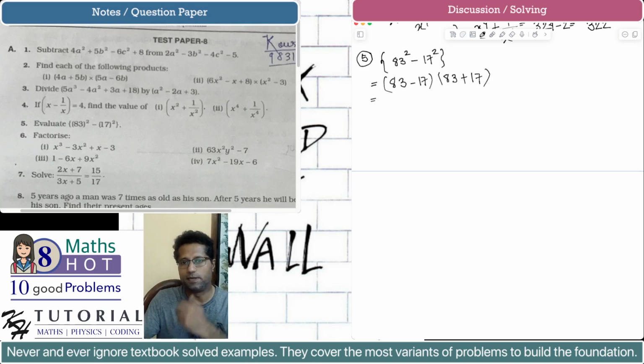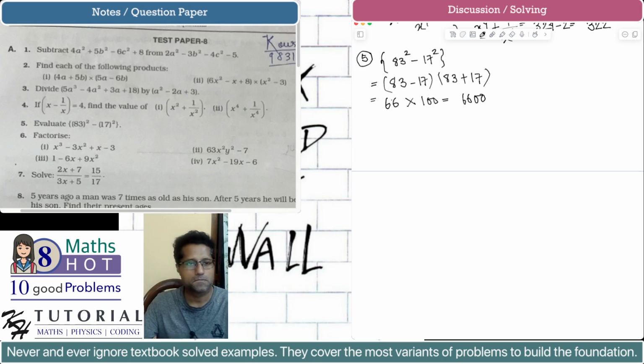So this becomes 83 minus 17 is 66, and 83 plus 17 is 100. So this is equal to 6600.